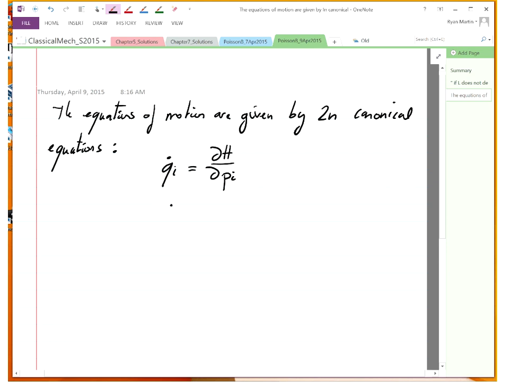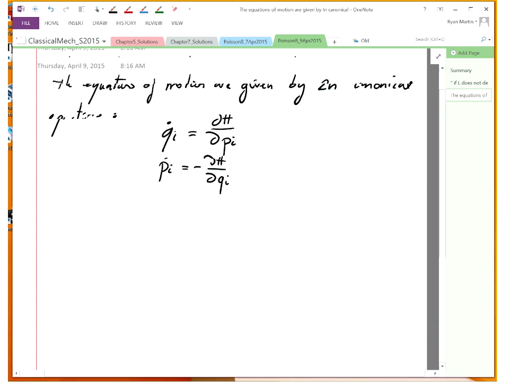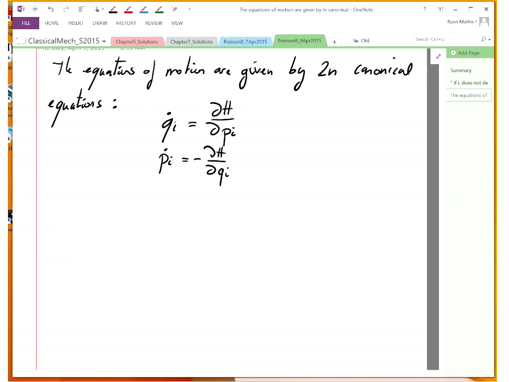And the other equation of motion tells us the time derivative of the pi, and that's given by minus the partial derivative of the Hamiltonian with respect to qi. Okay? Any questions about that?